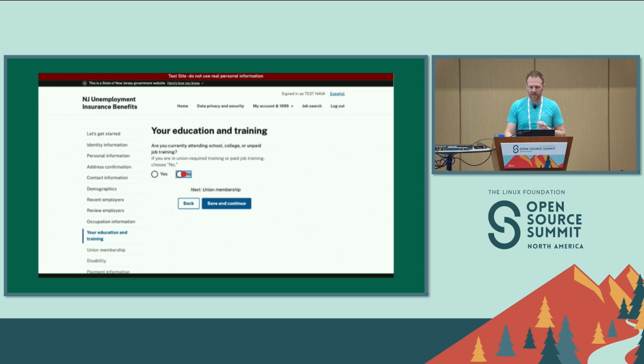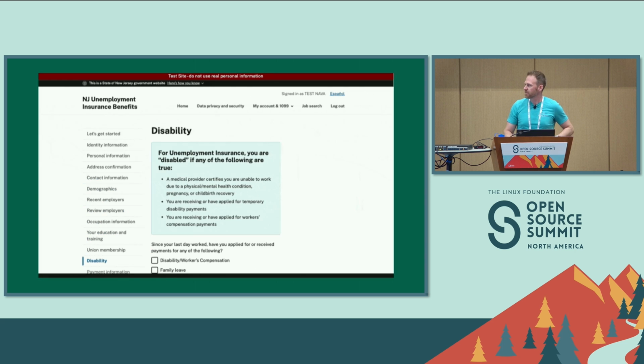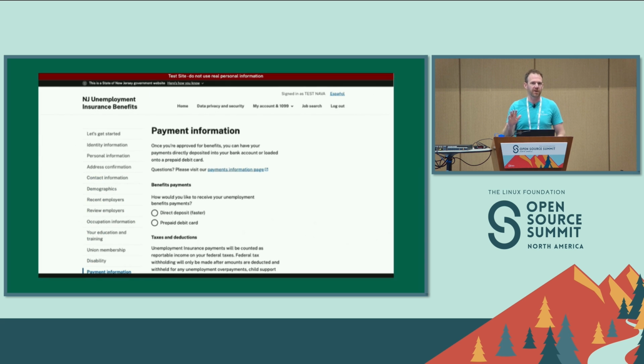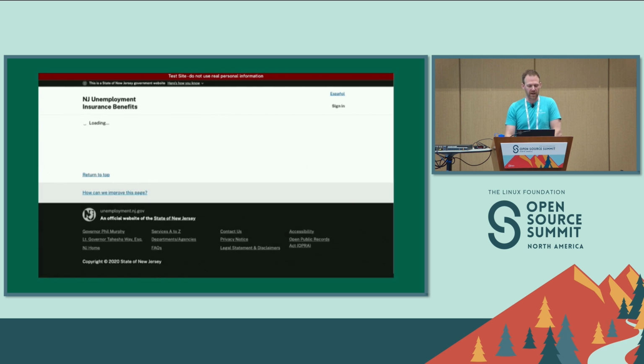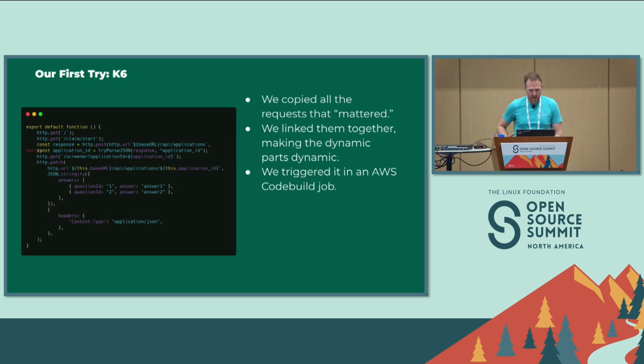So it's a bit daunting, but okay, we decided we're going to try this approach. We're just going to list out all those requests. Okay, so we implemented that. And what you can see here is just a snippet of code demonstrating that.